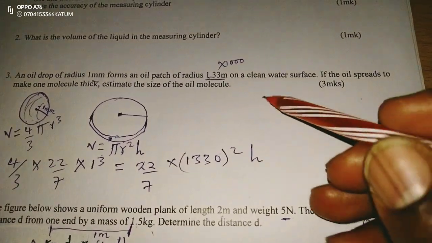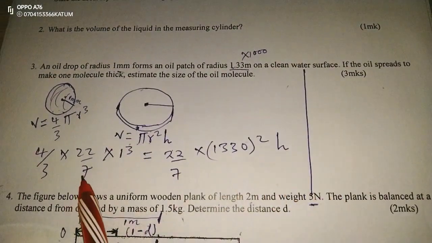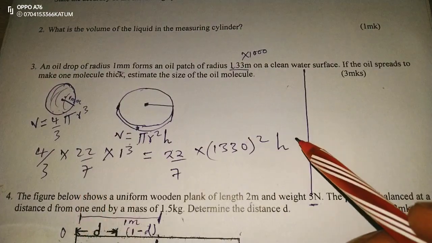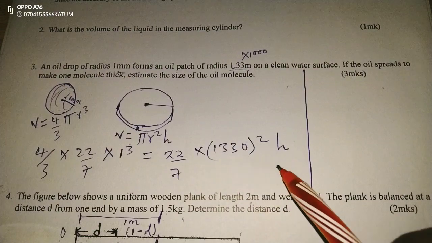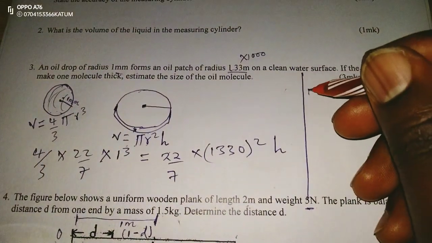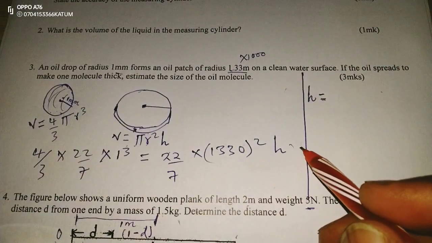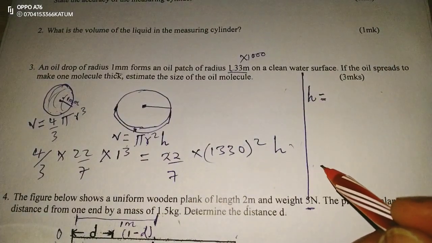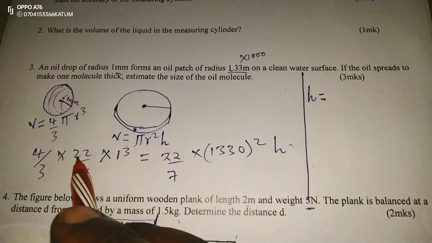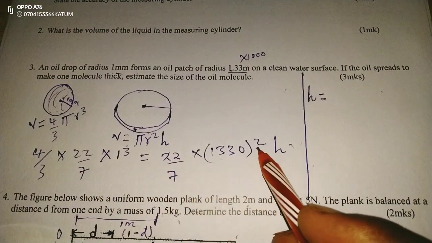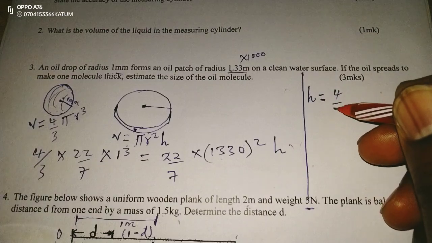For us to remain with the unknown h, we multiply both sides of this expression by 7 out of 22 times 1330 squared. So h equals 4 out of 3, multiplied by 7 out of 22 times 1330 squared, taking them to the other side: 7 will be up, but 22 and 1330 squared will be on the base.